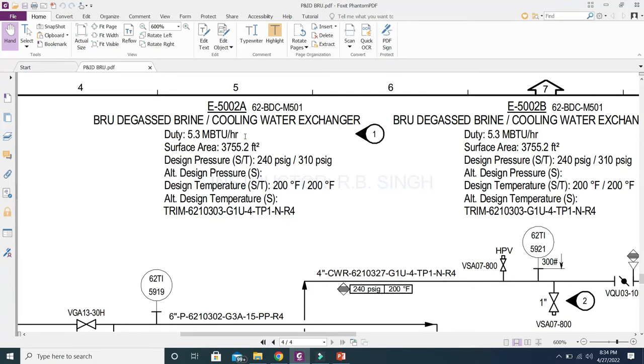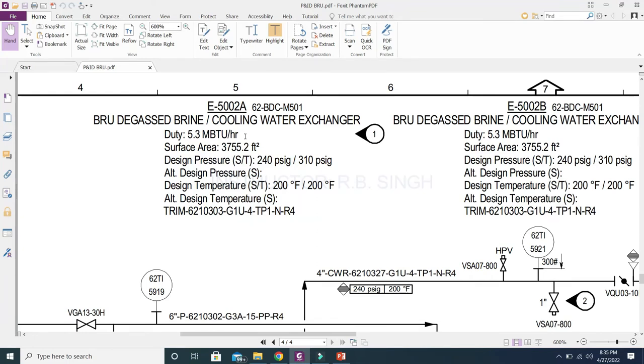For example, suppose any instrument is mounted on or connected with any equipment. We must know the design condition of that particular equipment, because the same design condition shall be suitable for the instrument also. If we do not include that design condition in our instrument, then maybe our instrument will fail, and that can cause a dangerous situation in the plant.